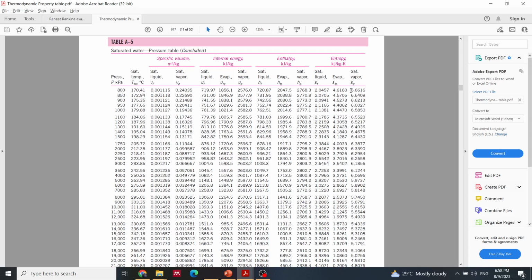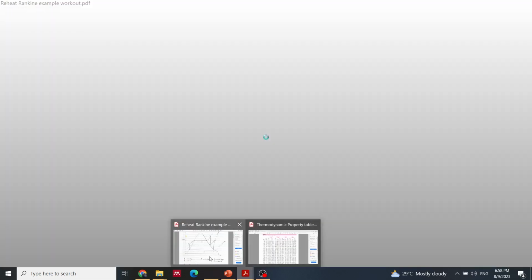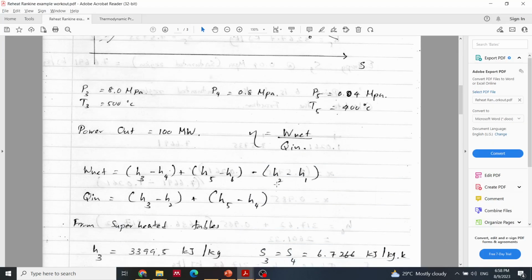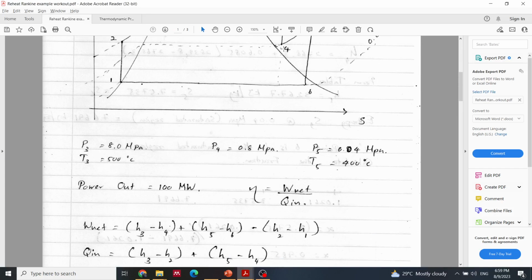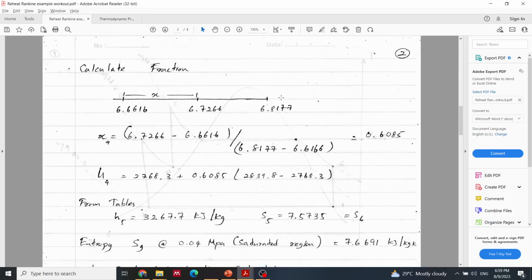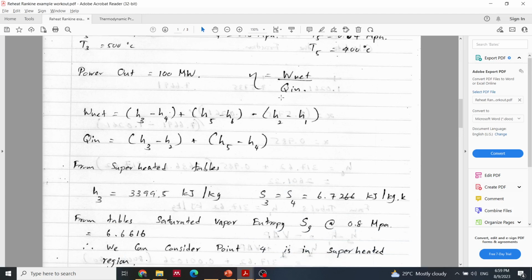Now we compare that with the S4 value that we got earlier.